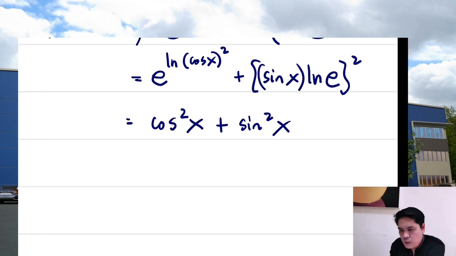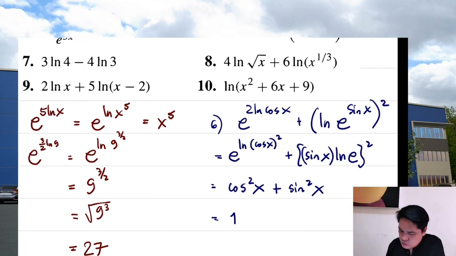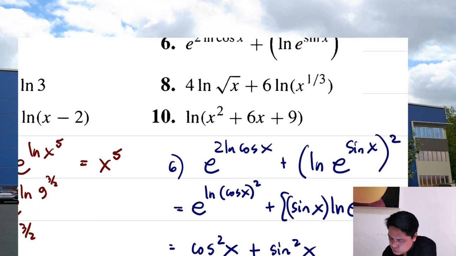And in the proper identities of trigonometry, which we will be discussing in our next lessons, this is actually equal to 1. So in trigonometry, that's equal to 1. That's the Pythagorean identity, a fundamental identity in trigonometry. Okay? Too easy.